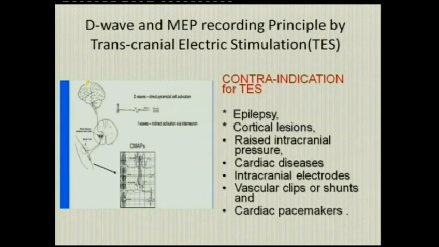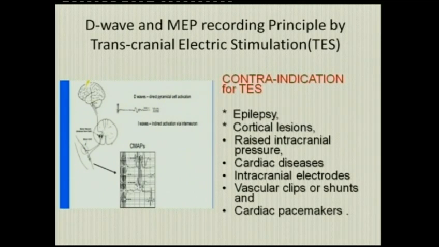Now we also look after the motor functions of the corticospinal tract and the lower motor functions of the motor nerves to the muscles. For the upper motor neurons, when you stimulate the motor cortex, we record this wave.